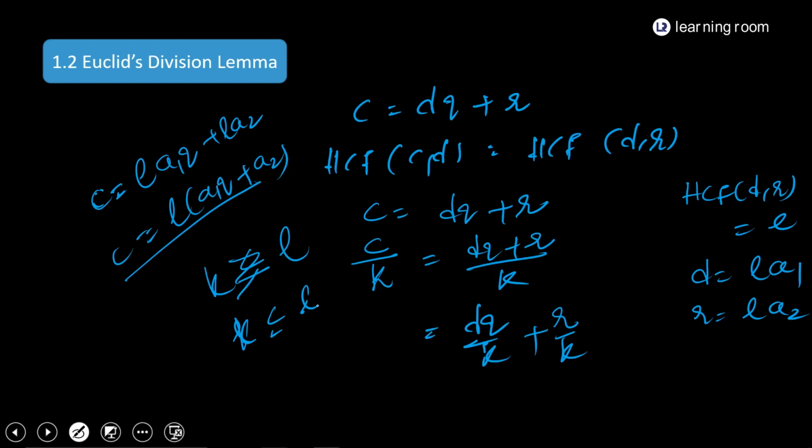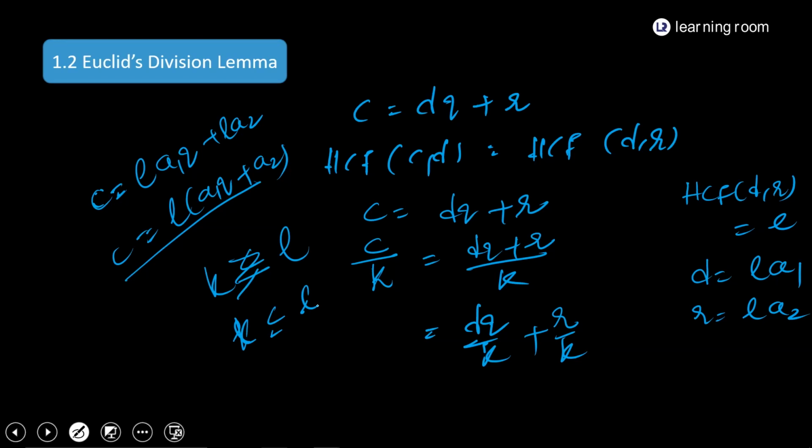So let's say we have Euclid's division lemma, right? So it says that C equals dq plus R. So here R varies from 0 to... what is the bound for R?